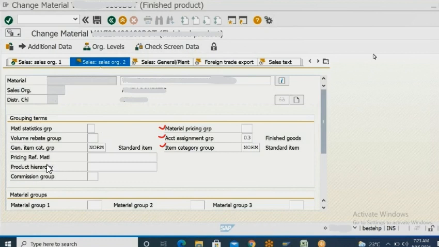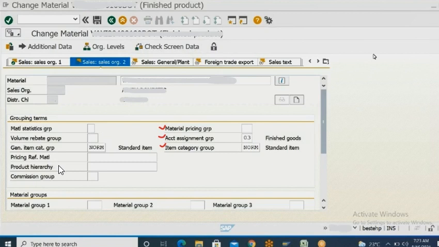Next we have pricing reference material. If pricing is the same for multiple materials, then instead of maintaining price for each and every material, we maintain price for only one material and assign this material as pricing reference material for other materials.